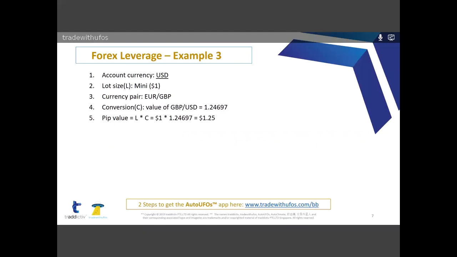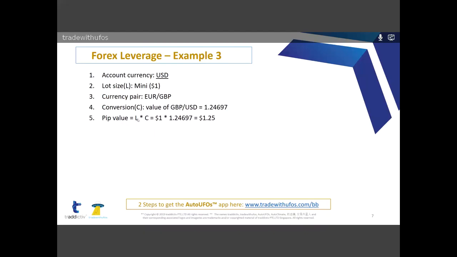1.24697. And now I can just multiply my lot size by the conversion value, which is, again, because we want it to be in US dollars, we have to convert this pound into the equivalent in US dollars.